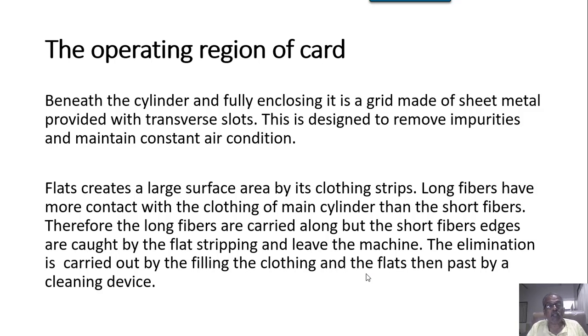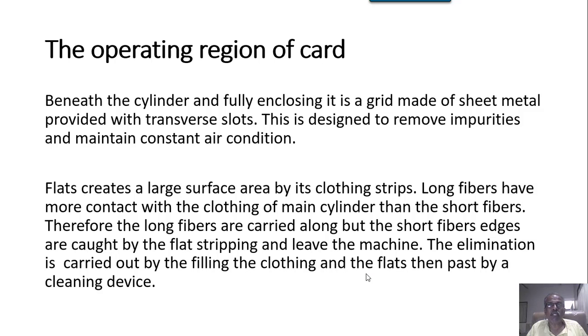Flats create a large surface area by clothing strips. Now, this statement is very important. Large surface area is created by flats. Long fibers have more contact with the clothing of the main cylinder than the short fibers. Therefore, long fibers are carried along, but the short fibers are caught by the flat strip and they leave the machine. This is what is happening.